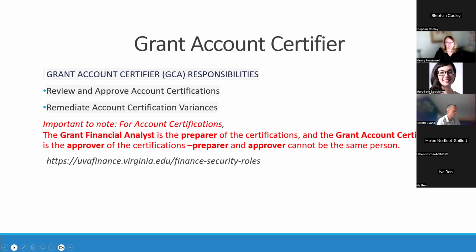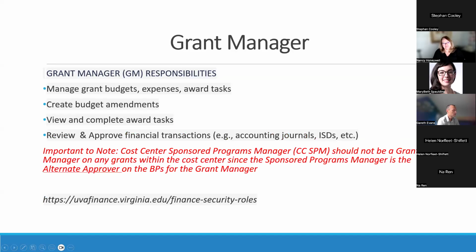Pretty simple stuff. Okay, so the grant manager, their responsibilities are a little bit more, I would say, hands-on. They're taking that broader departmental research administration role. So they're managing the grant budgets, they're looking at expenses, they're managing award tasks that may be assigned to them, viewing them, completing them.